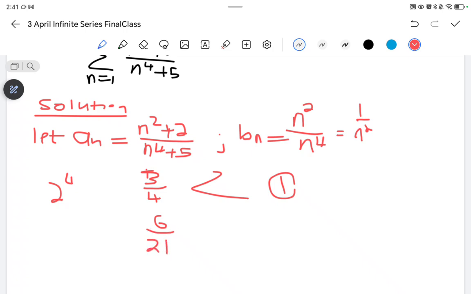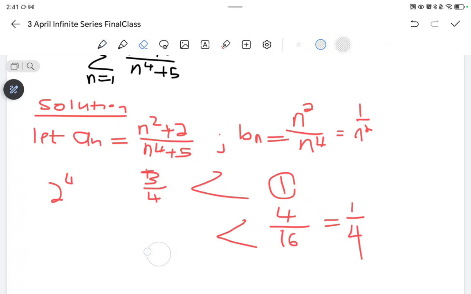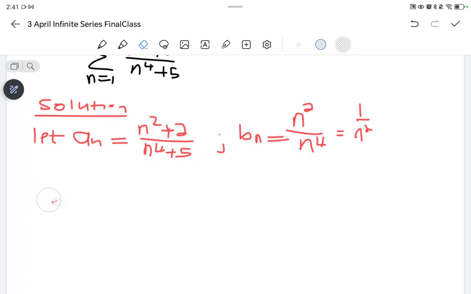Then if I plug the same 2 here, I'll get 4 over 16, which will be 1 over 4, and this is still bigger than this. So this means that b of n is bigger than a of n, right?